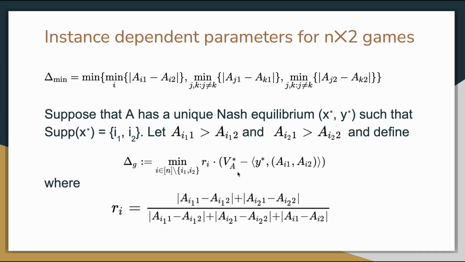Now the kind of gaps that you can visualize in this framework is you take the y star and you take the dot product of y star with the rows and compare it with the value of the game, and you will start seeing some gaps in those rows which are not part of the support. Now if you rescale a bit by the parameter ri, then take the minimum over all such gaps, you get the parameter delta g.